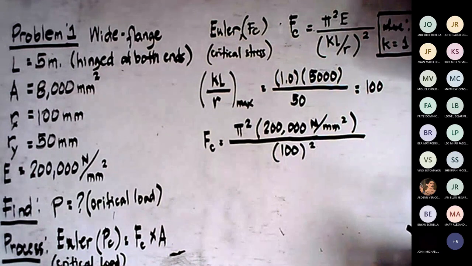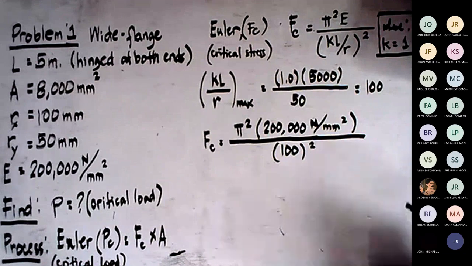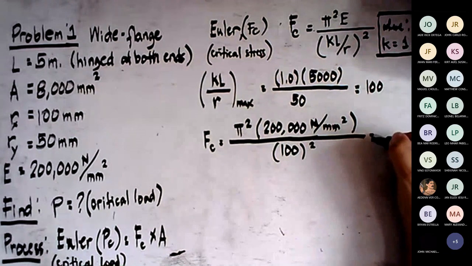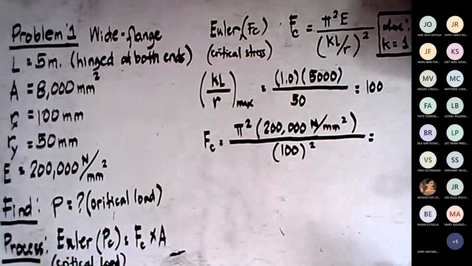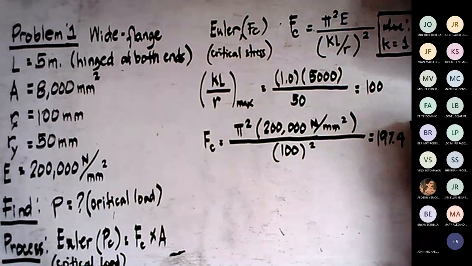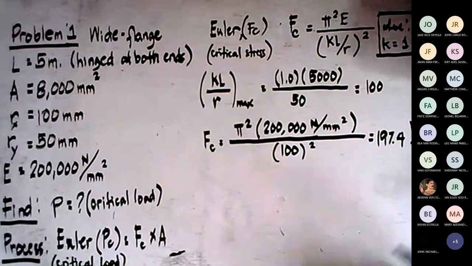And therefore, by computation, will you please also calculate if I have the same value as yours? 197.4, the unit is Newton per square millimeter.